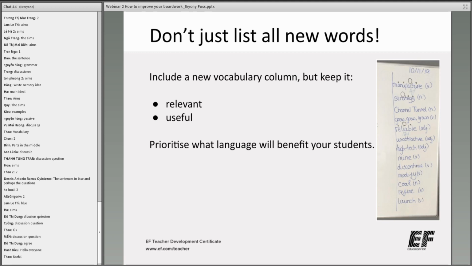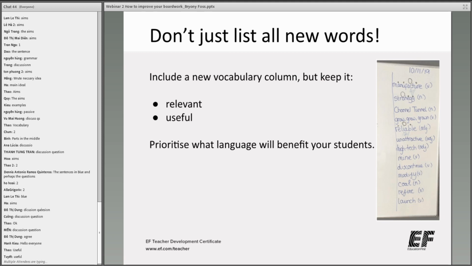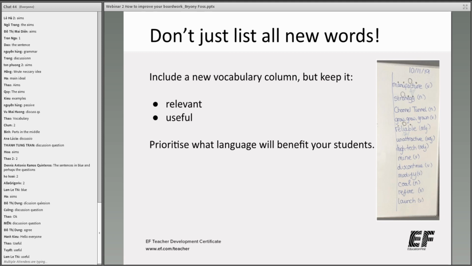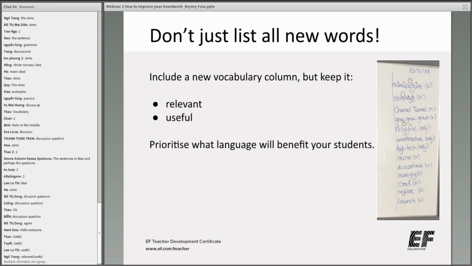So when we list new words and we are eliciting useful language that students can use, it's important not just to list all the new words. If you do this, your list will be hundreds of words long. So in your new vocabulary column, keep the language that you include relevant and useful for your students.